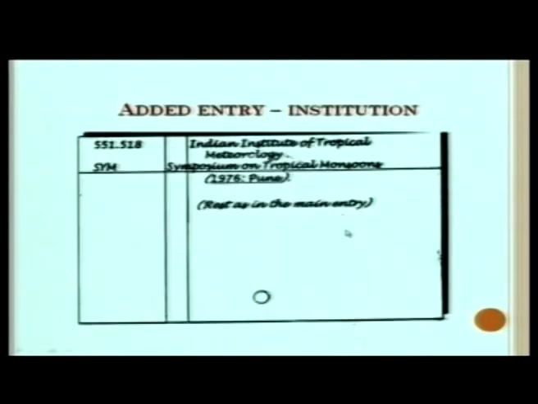So, 2 different cards we have to prepare for both the headings which have been mentioned in the main entry. Then for the institution as a compiler, we have to do that. So, here Indian Institute of Tropical Meteorology, then the rest of the details would be the same as you see in the main entry. Only difference is that you will not find the access number in this particular added entry.